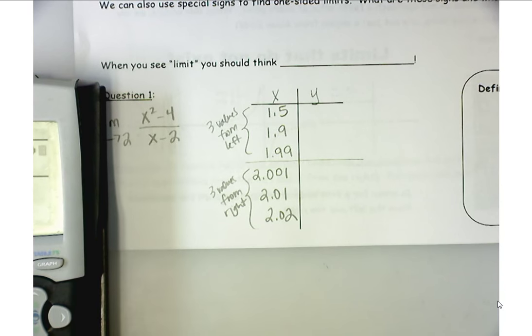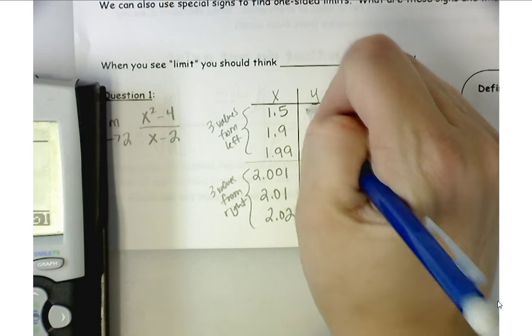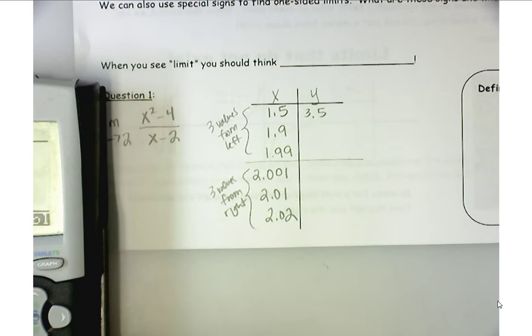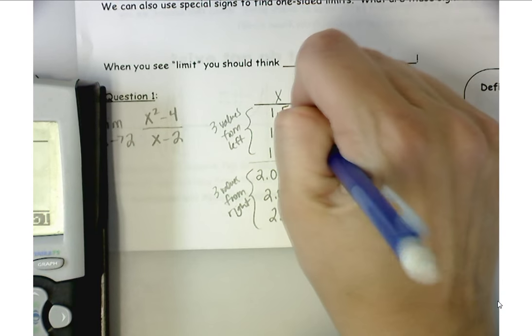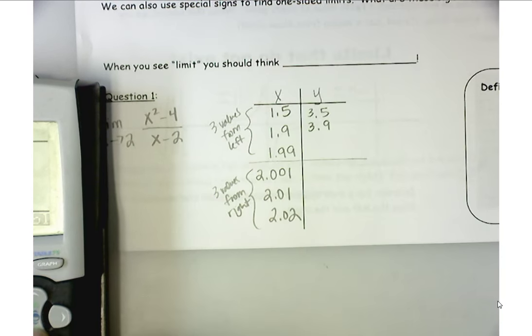Okay, and I like to find them using my table set because I can start that wherever I want. So if I start that at 1.5, I can see it's 3.5. I could also make this go by 0.1 and it would take me to 0.9. So 1.9 is going to be 3.9. And because I went by 0.01, I can actually just scroll down.